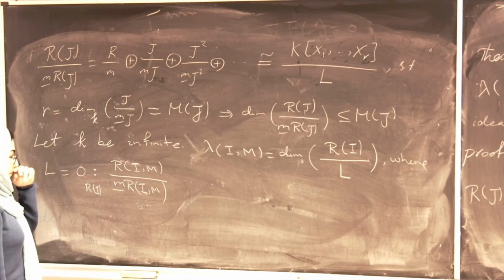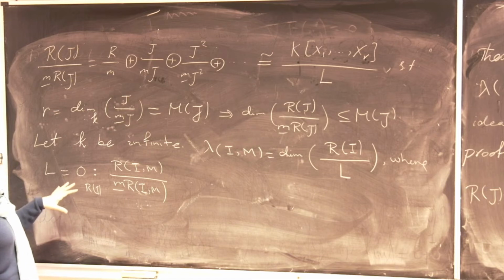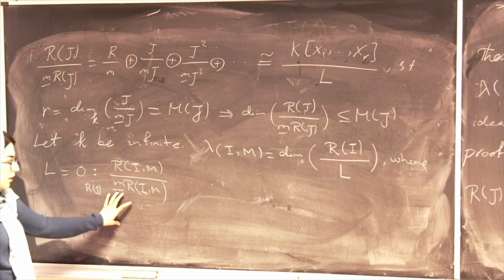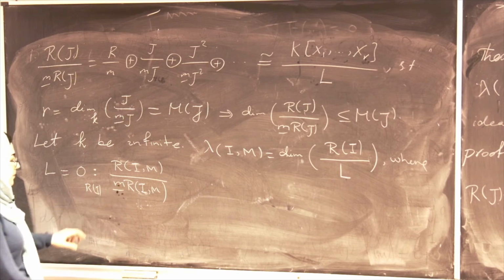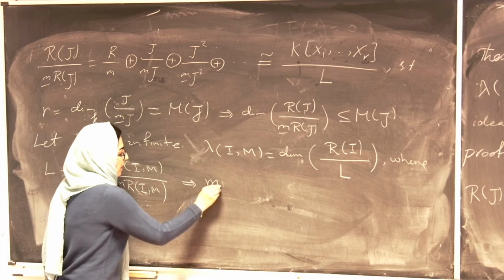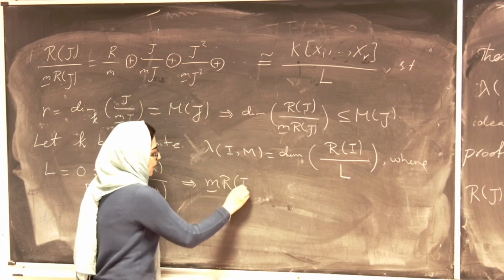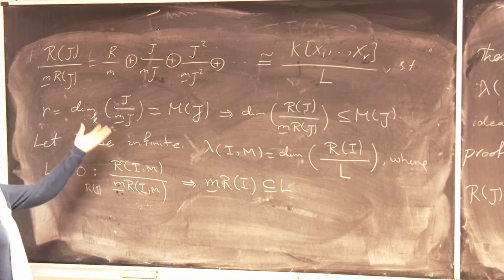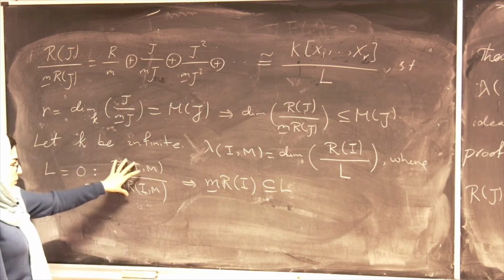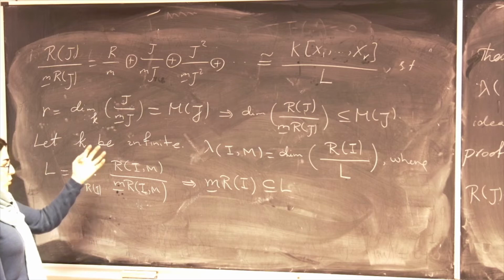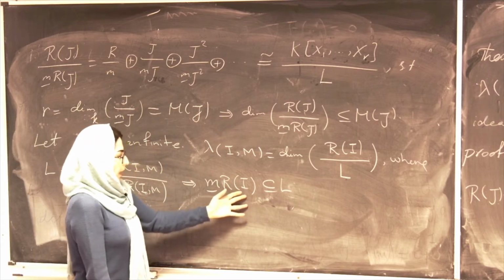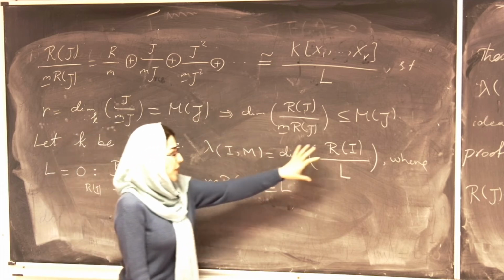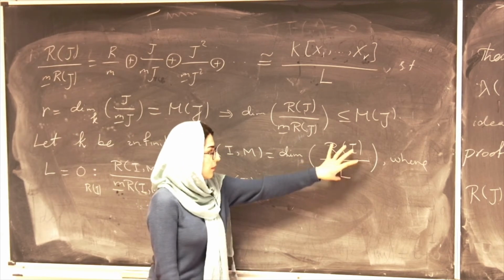But when you look at this module, because we know that it is annihilated by M, this means that M times RI is contained in L, because L is just the annihilator, and M annihilates this quotient module. So this inclusion implies that this ring is standard graded.